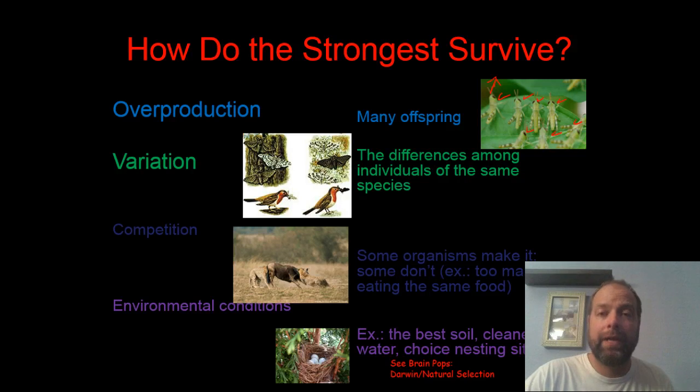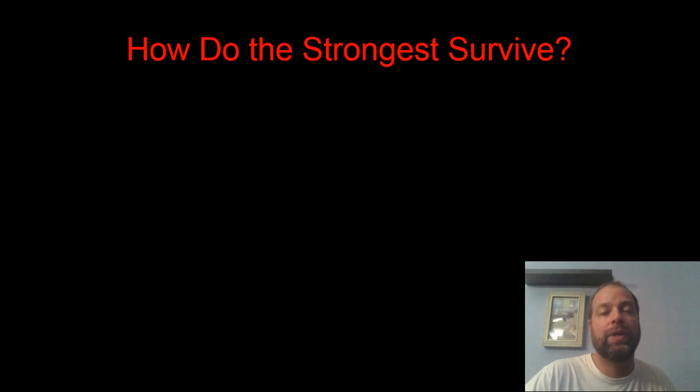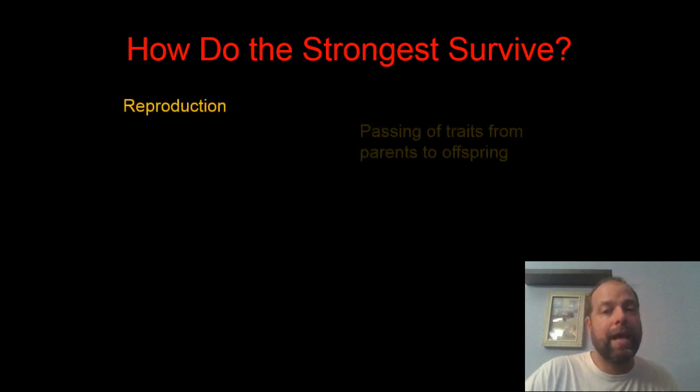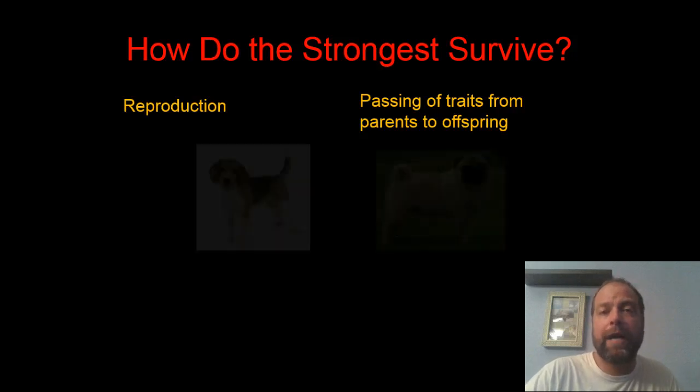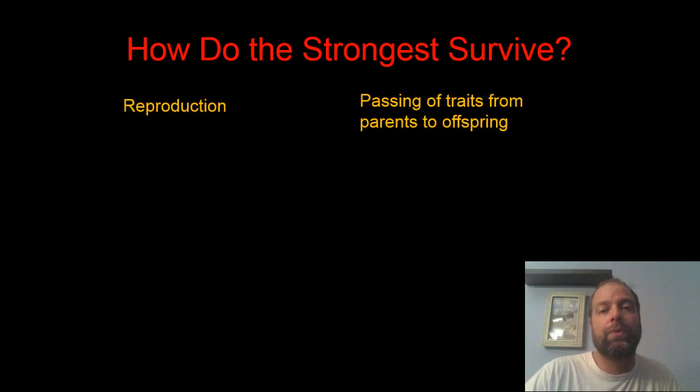Now, the final thing Charles Darwin came up with is probably the most important, which is this: reproduction. If you're an animal, let's say a rabbit, and you're able to survive, that means no foxes or wolves ate you. If you're able to survive, that means you are now able to pass on your traits to your offspring or your kids.